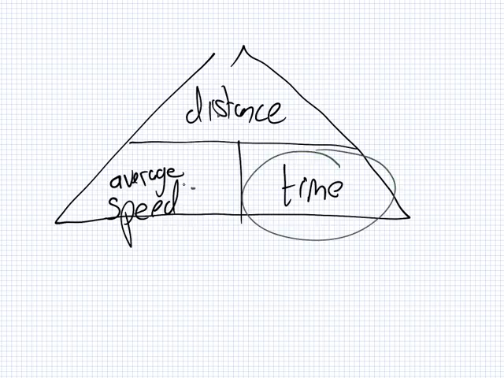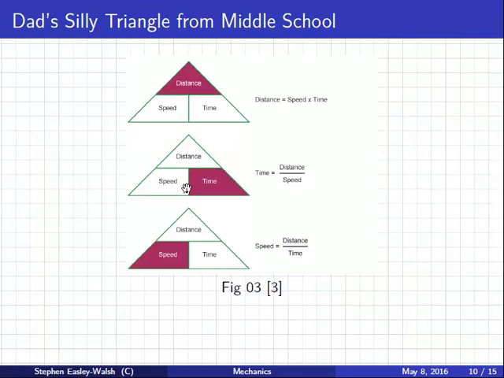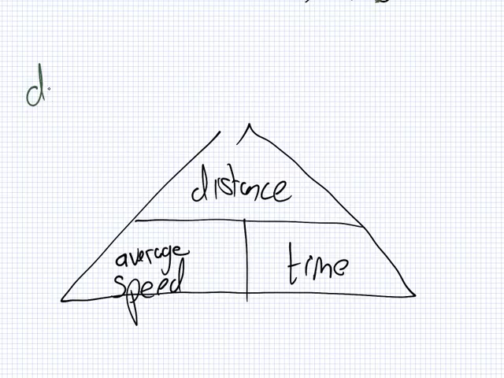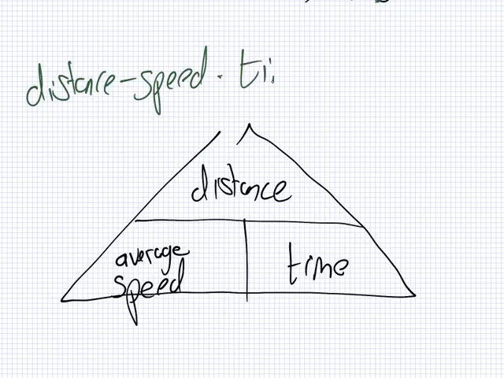Have you seen this triangle before? Yeah. So you don't need to draw the three of them. You can just draw the first one, or actually, even just draw my one. When I need to reference it, I'll call it the distance, speed, time triangle.